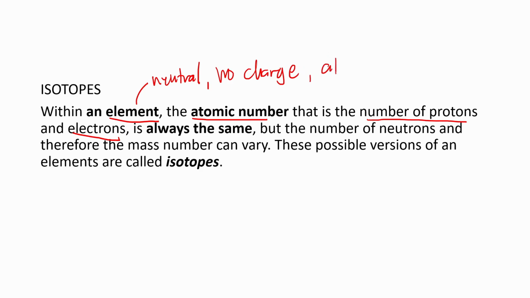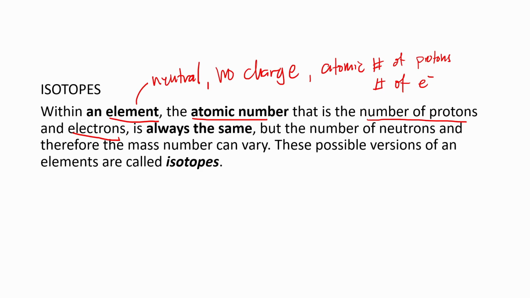Since our atomic number is the number of protons and there is no charge, therefore there is the same number of electrons as well, since an element has no charge.